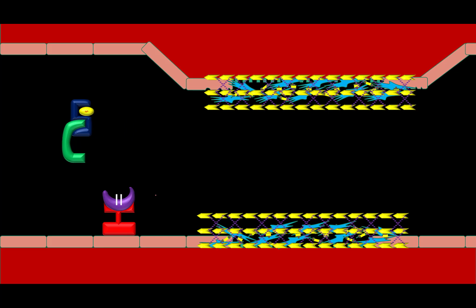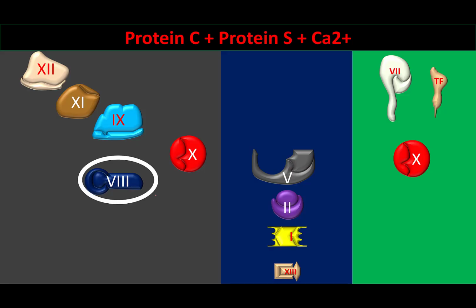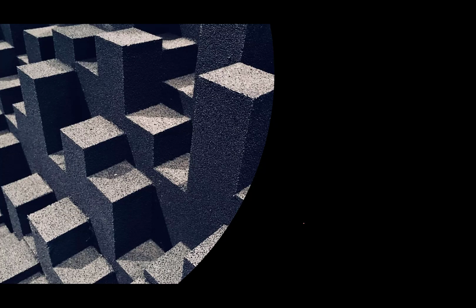So the coagulation cascade does not continue. When there is no coagulation cascade, there is no thrombin, no fibrinogen activation, and no factor 13, so there is no fibrin meshwork formation. This is the indirect pathway by the protein C pathway.